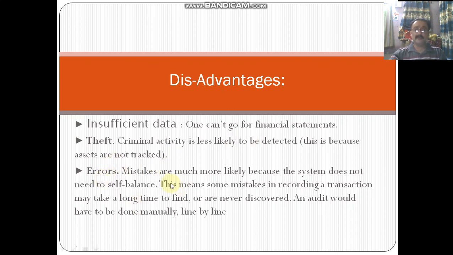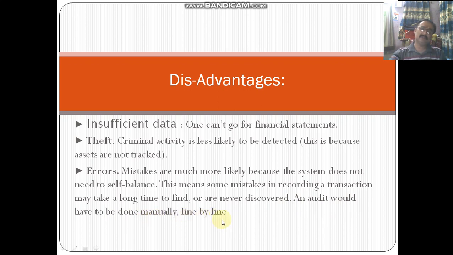There are many chances of mistakes using the single entry accounting method. Some mistakes in recording a transaction may take a long time to find or may never be discovered. An audit would have to be done manually, line by line.